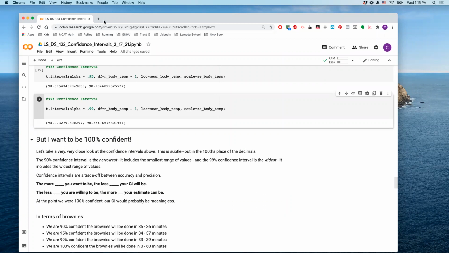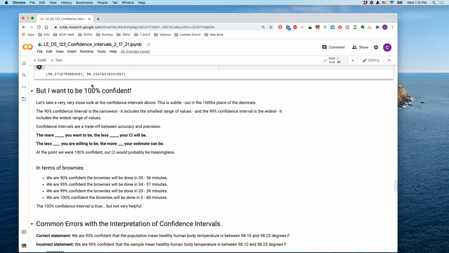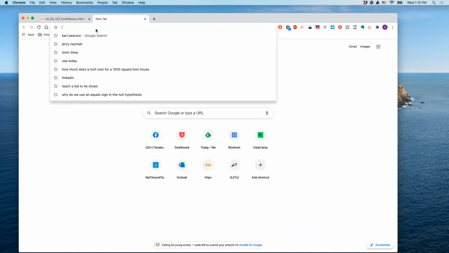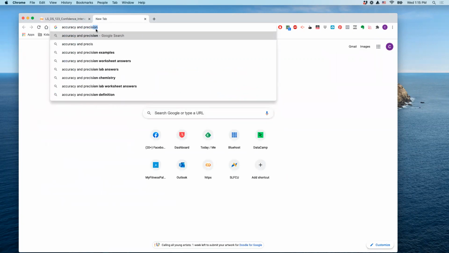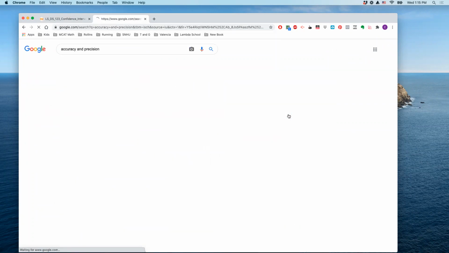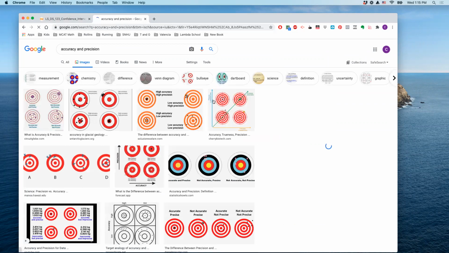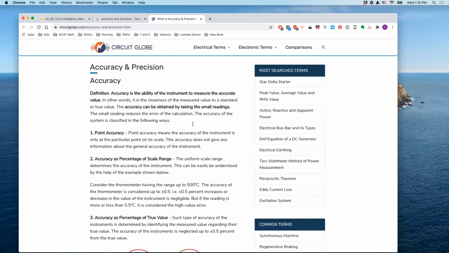So accuracy and precision sometimes, and I don't think I have my good picture that I like here. Okay, so let me look at this. All right, so we've got two concepts going on here. Okay, let's look at this picture maybe.